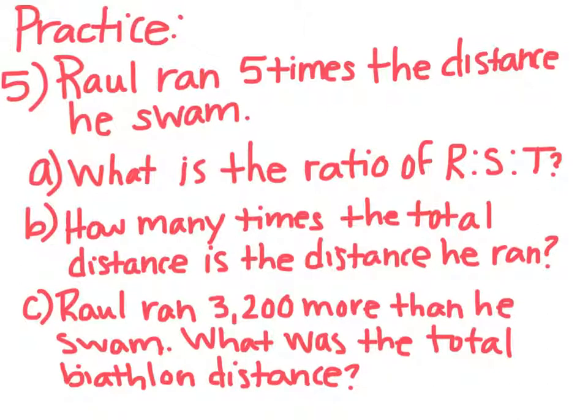So when you draw your bar model, you want to make sure that you are indicating that the difference between the distance swam and the distance ran is equal to 3,200 feet. Okay? So make sure you're really careful about what number of units you make that 3,200 feet equal to.